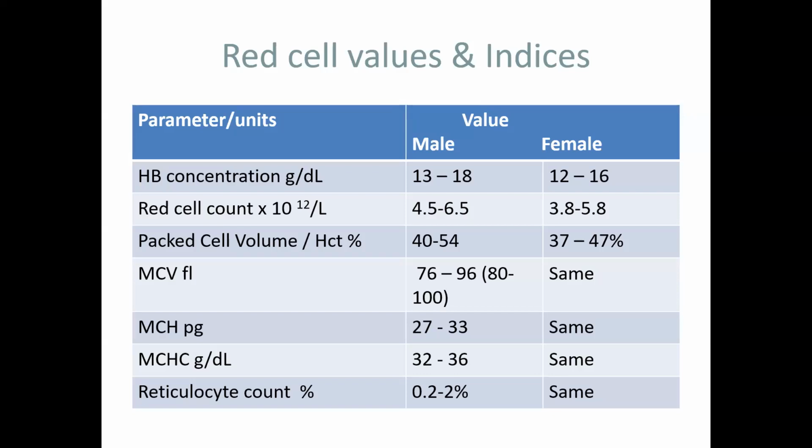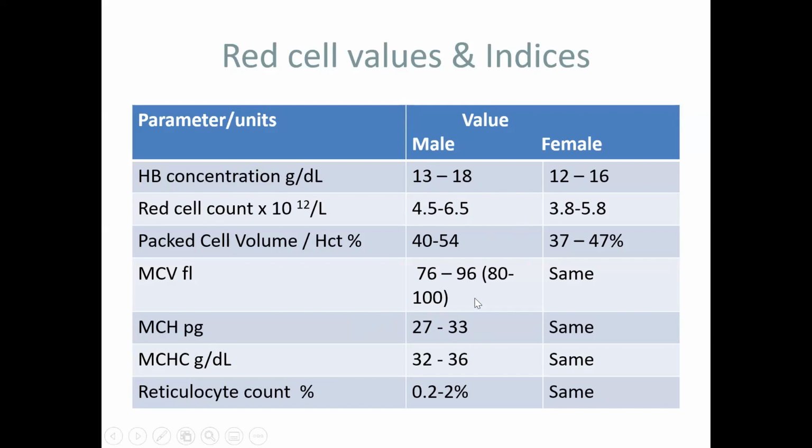Then you can also see your red cell count is roughly a third of your hemoglobin, okay? That again is a rough estimation. Again, it is to help you make an estimate and see, is this reading within what is expected?